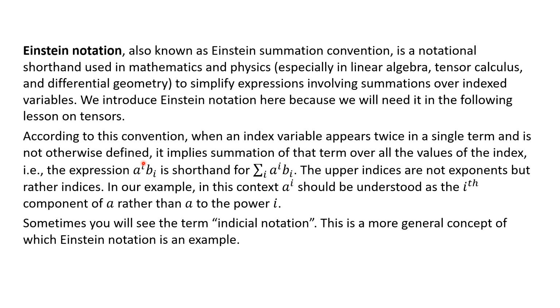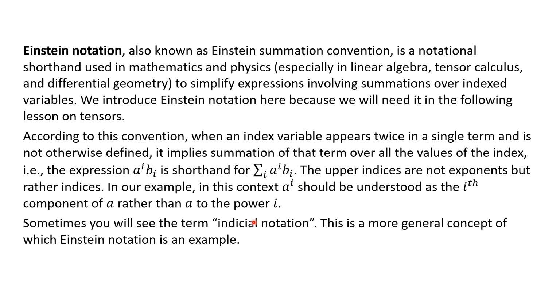This upper index is not a power, it's actually just an index. So A^i should be understood as the ith component of A, and B_i is the ith component of B. And we're just taking the sum over the values of i.